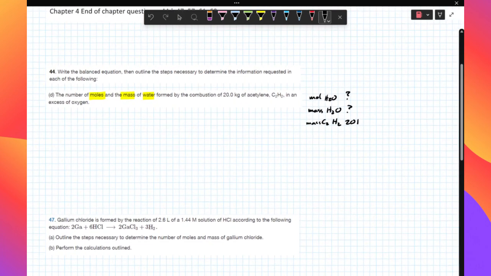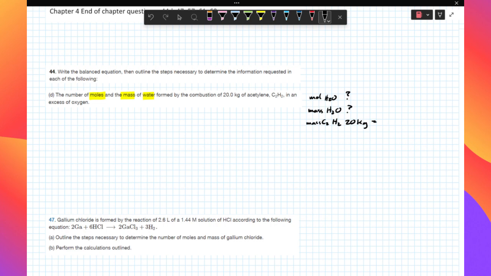Zoom out here just a little bit, give ourselves more room to work with. We don't use kilograms a whole lot when we're dealing with atomic mass, so I'm going to go ahead and just convert that to grams. We just multiply by 1,000, and we'll do this long form in a second.